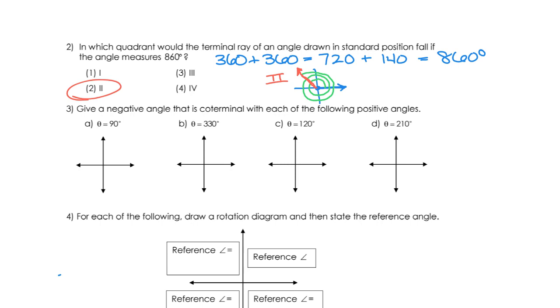All right, how about number 3? Give a negative angle that is coterminal with each of the following positive angles. Okay, so let's go ahead and put in our vertex and our initial ray for all of our graphs.